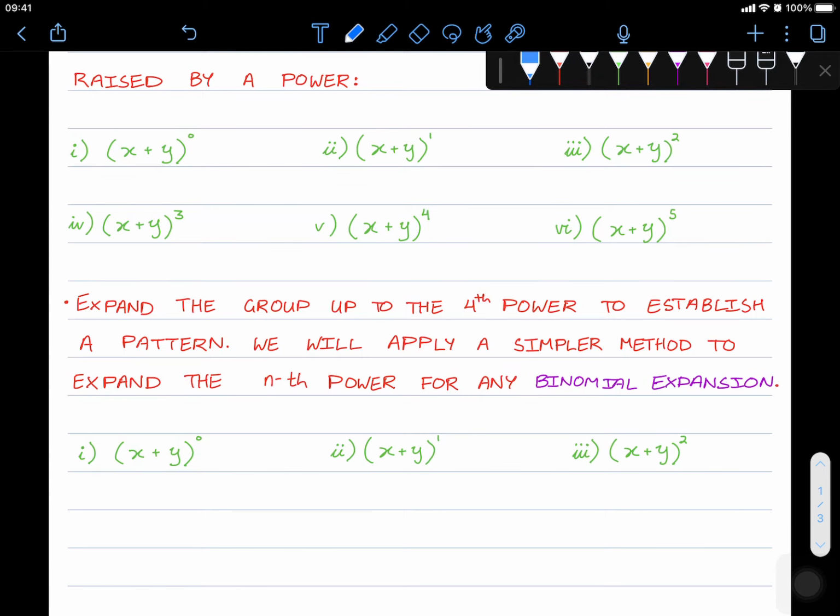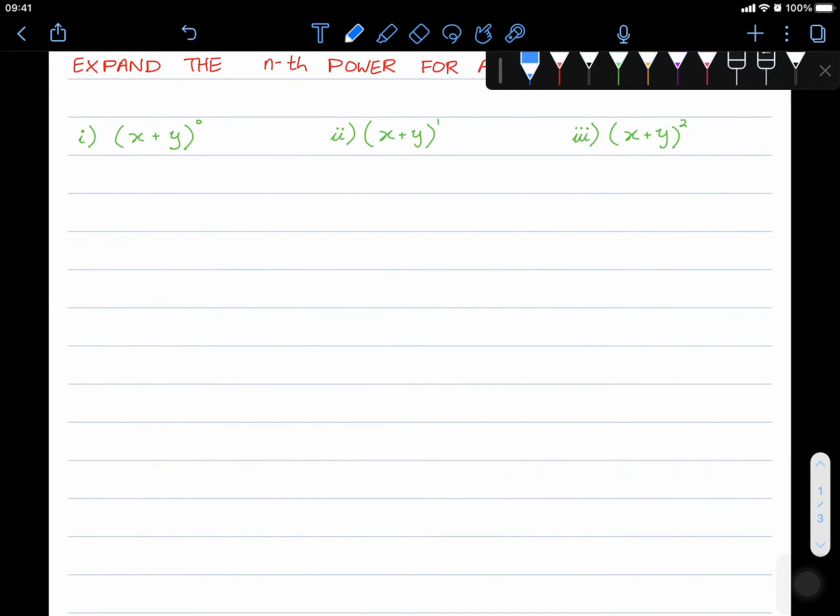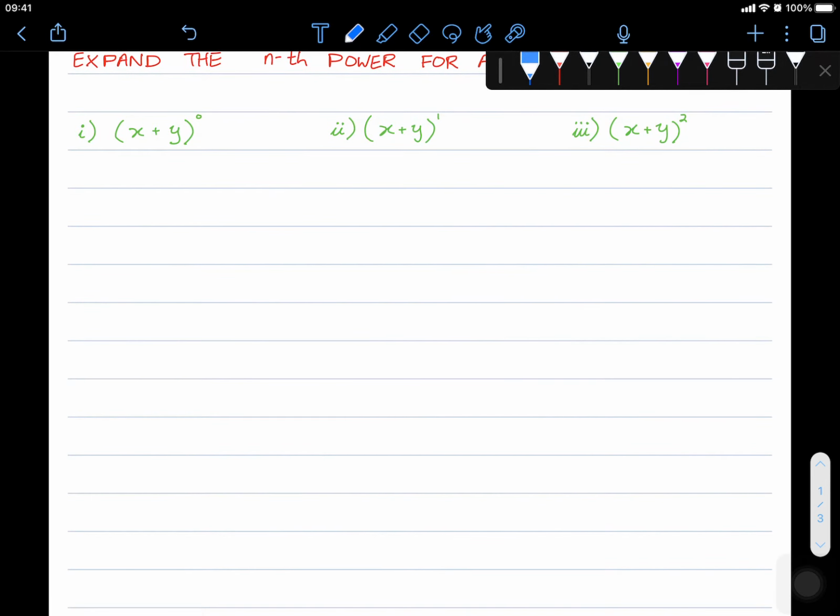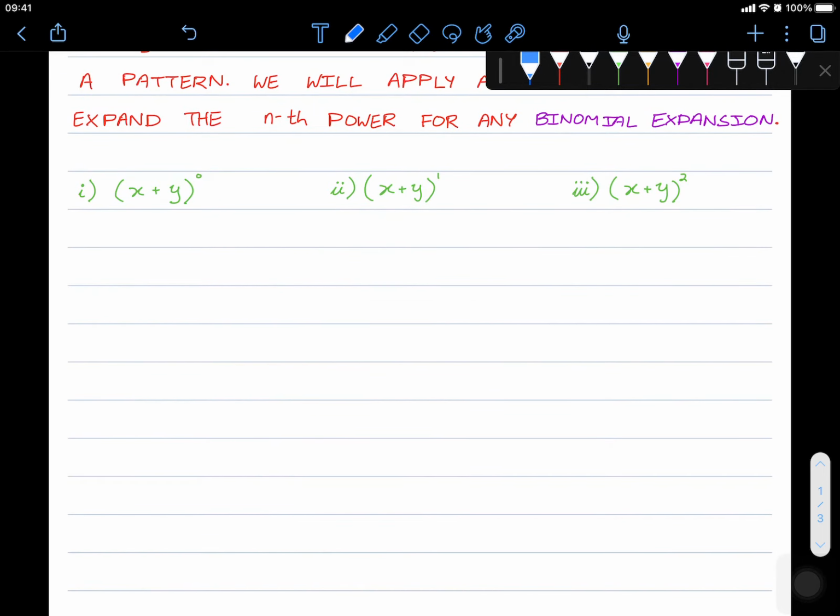So here we go. Let's expand these first ones first. X plus y all to the power of 0. Hopefully you can recall that anything to the power of 0 is 1. X plus y to the power of 1. Well, what this really means is just one group of x plus y.